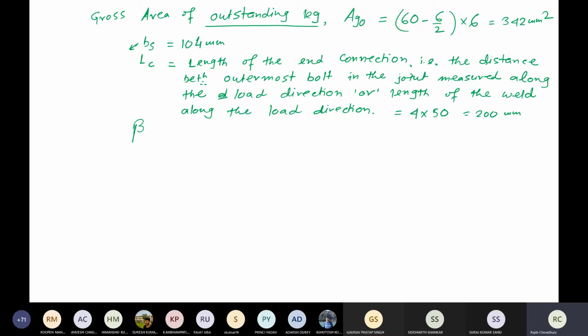For the channel section, there are other notations to be provided, or otherwise you can utilize similar kinds of notations. So what is this beta? Beta is given by a long formula in the code. I'm just repeating that long formula. The basic idea is how to utilize those formulas to get my job done. These are the formulas that have been utilized: Fu multiplied by BS divided by LC.